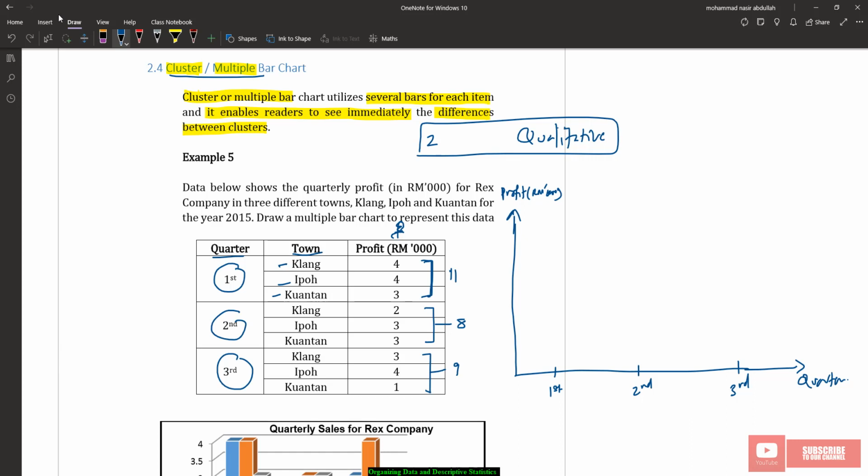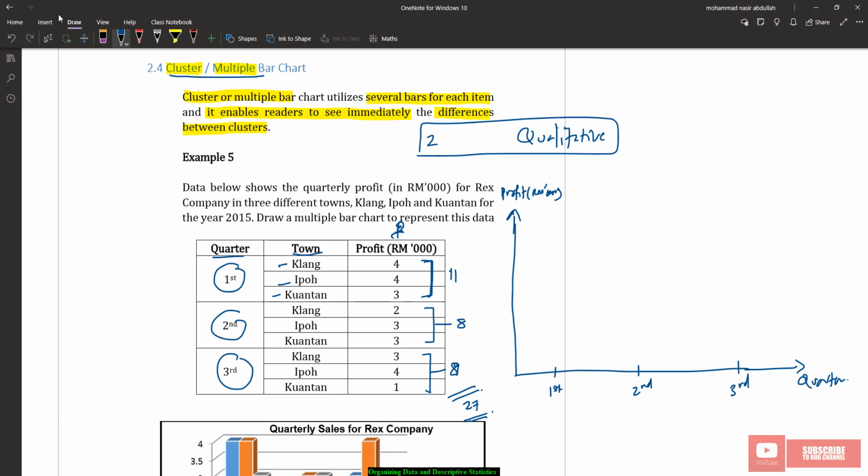Sorry, this one should be equal to 8. 8, betul, sini berapa? Sini 6, 8. This one 8, 11. Alright, good. So the total here should be equal to berapa? 8, 8, 16, 17, 29, 27. Betul? 28, 27, right?